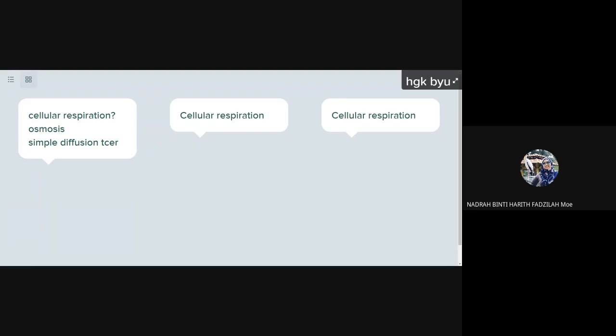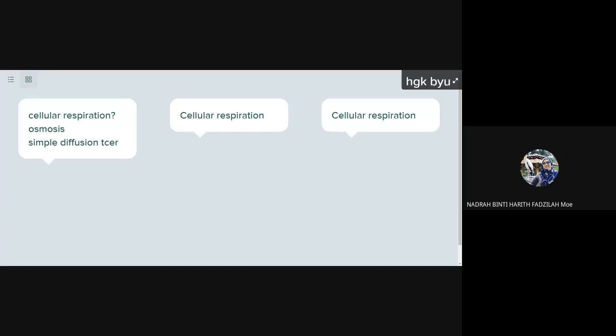Ini semua kita dah belajar across the chapters that we have learned so far. And those are the living processes conducted by the cells. So proses yang dijalankan oleh sel ni ada banyak. Proses apa yang menunjukkan sel tu hidup? Sel tu grow, sel tu buat respiration, sel tu produces organic substances macam enzim, antibodies dan juga hormon.